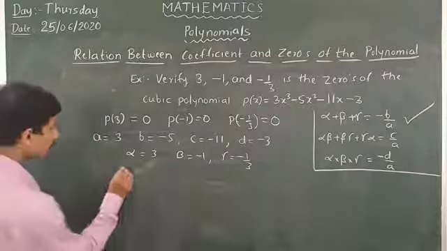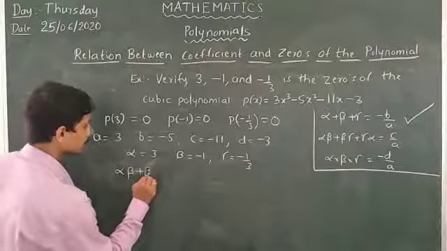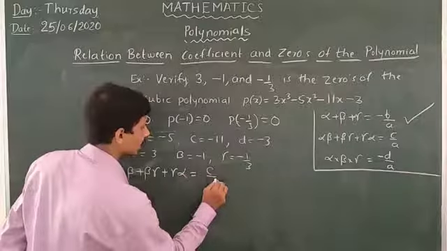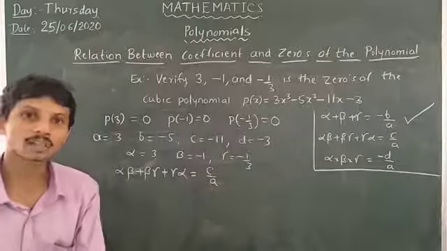The next formula is alpha beta plus beta into gamma plus gamma into alpha is equal to c by a. So let us insert all the values.